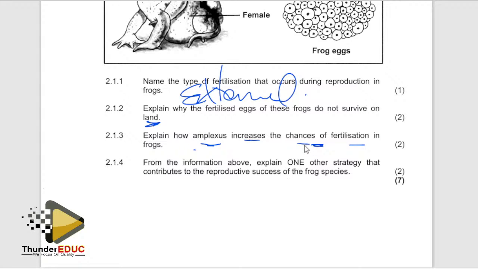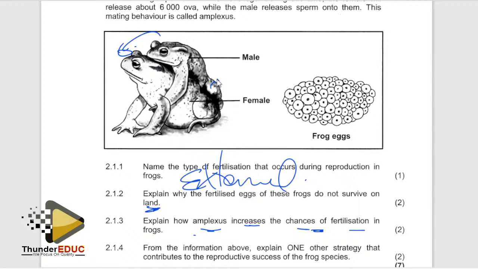Number two, the males release the sperms directly onto the eggs.